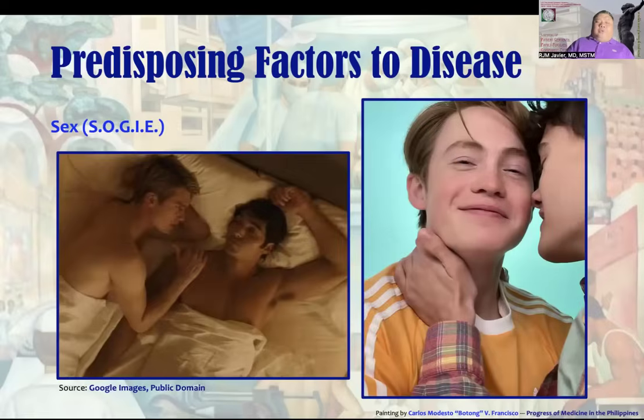Now, we also look into the MSM, or the men who have sex with other men. When I was in medical school and we're talking of viral hepatitis, there were six more commonly encountered viral hepatitis: hepatitis A, B, C, D, E, and G. Among the six, the most common would be the five: A, B, C, D, and E. Of the five, it's your hepatitis A and your hepatitis E which would be considered to be transmitted via the fecal-oral route.